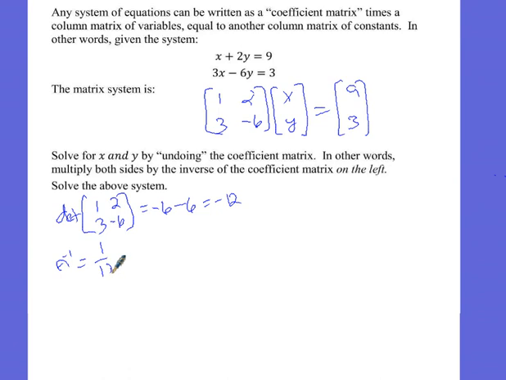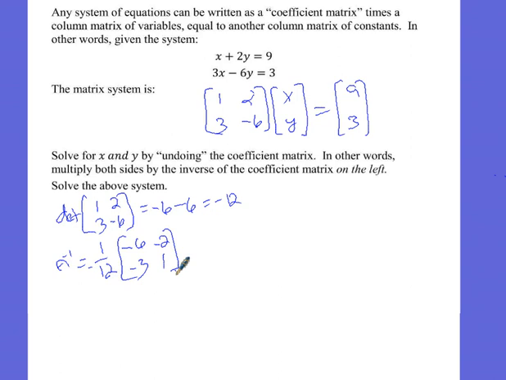So 1 over 12, and I'll make it negative, times the matrix. So you swap the A and the D. Negative 6 goes here, 1 goes here. You change the signs of B and C, so that's negative 2 there and negative 3 there.